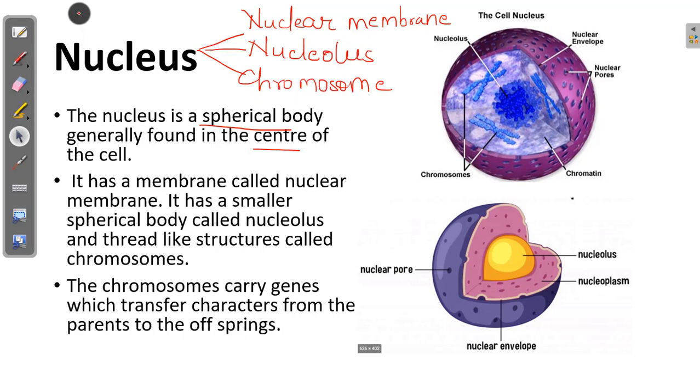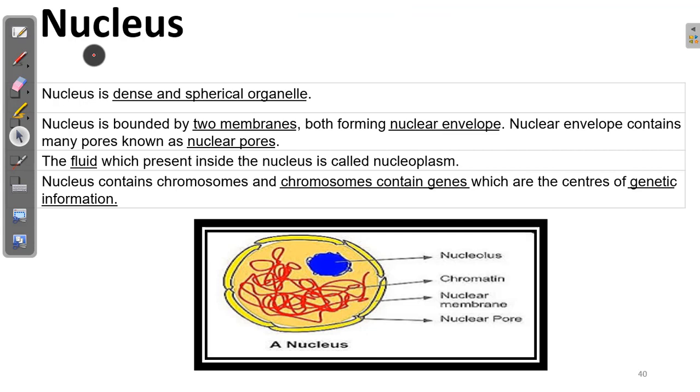In addition to this, the nucleus is said to be the brain of the cell because it controls all the activities going on in the cell. Now let's study the nuclear membrane. The nucleus has two membranes. Like a plant cell has a wall to protect the inner parts of the cell, in the same way the nucleus also has two membranes, which are said to be the nuclear membrane.